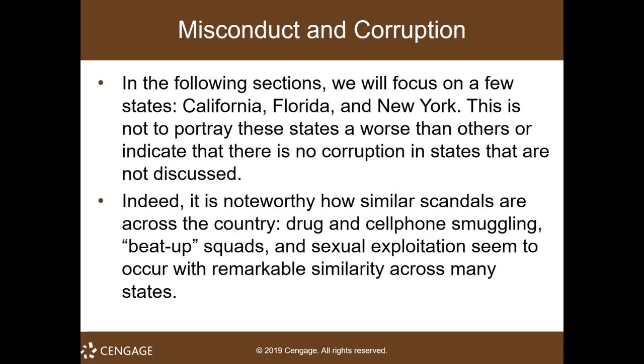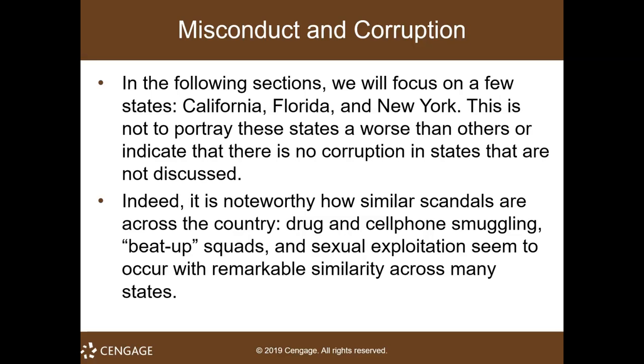All right, so in a couple of the following sections, we're going to focus on a few states: California, Florida, and New York. And understand, this is not to portray these states as worse than others or indicate that there's no corruption in states that I'm not going to talk about, because that's not true. Indeed, it is noteworthy how similar scandals across the country are.